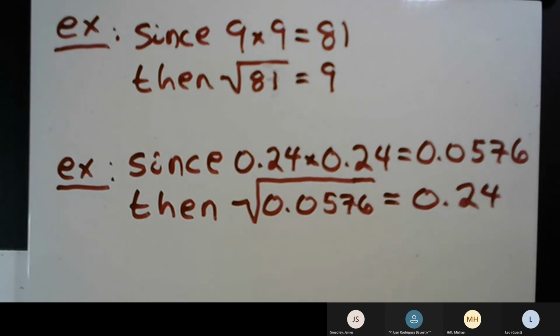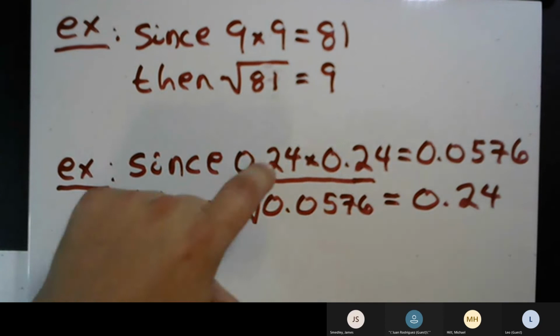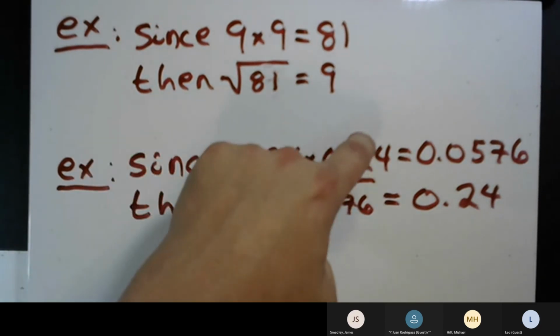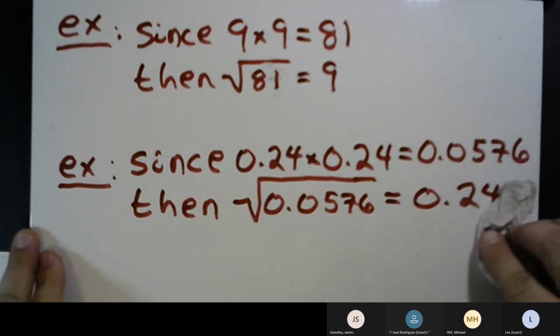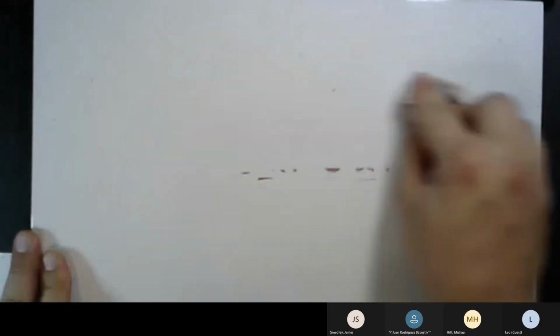So any questions about that? So that's all that square roots are. That's it. To know the square root using this technique, you've got to know what number was multiplied by itself to get that number. So for example, let's say we have this.